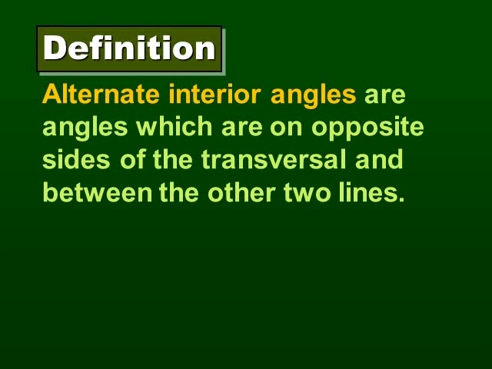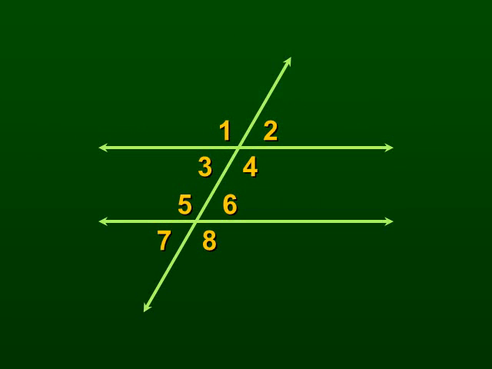So alternate kind of means opposite, okay? So alternate interior angles are opposite sides of a transversal and two other lines. So let's go ahead and look at that. So here are two lines that have a transversal.